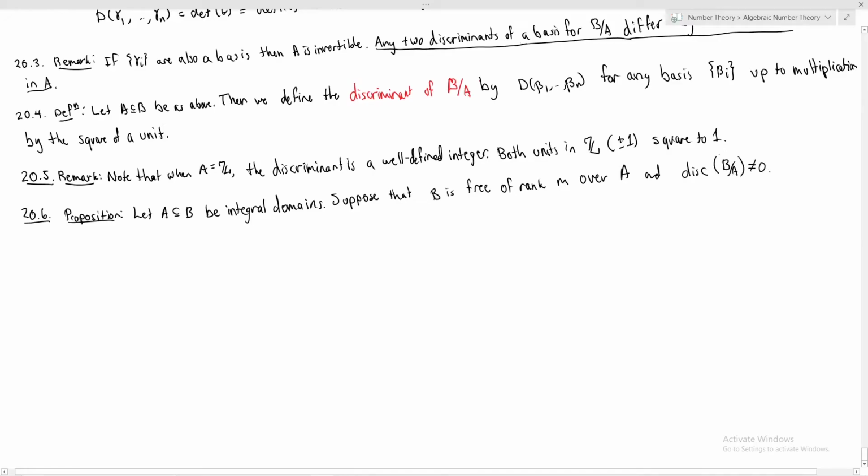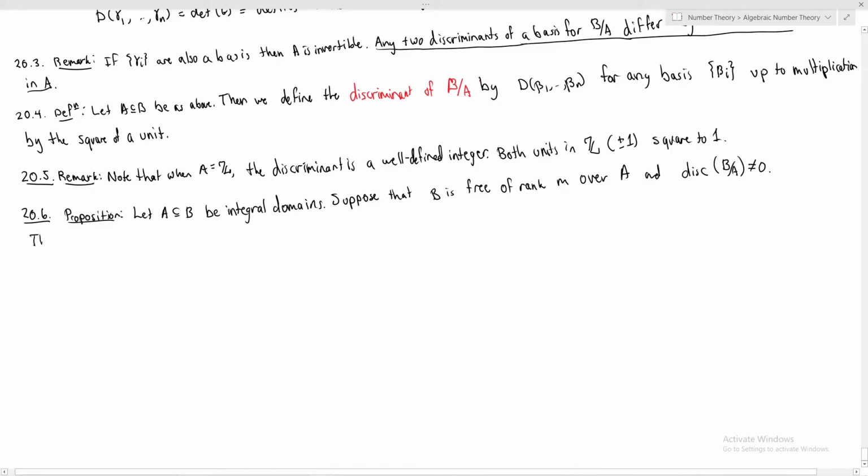Okay, so this is essentially a non-degeneracy condition on our trace bilinear form. Note that if something is non-zero, then multiplying it by the square of a unit is not going to make it 0. So the condition of being non-zero is a well-defined thing to ask for the discriminant.